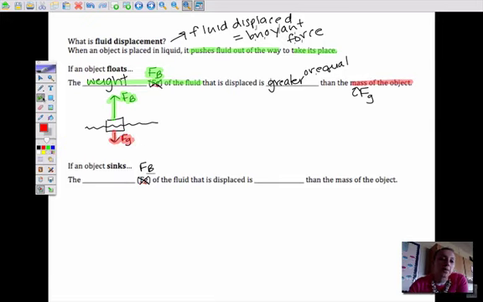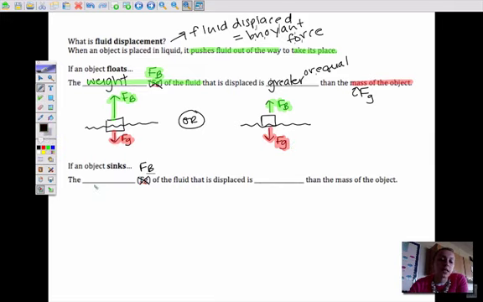And the same thing happens if it's equal. If we have it floating on top of the water, we have the weight of our object equal to our buoyant force. So again, the weight of the fluid displaced, or our buoyant force, is equal to the weight or mass of the object.